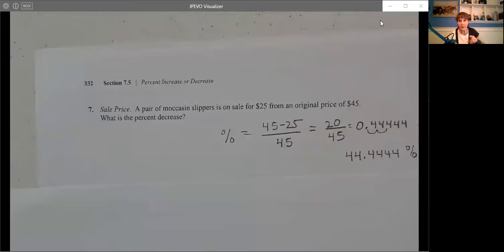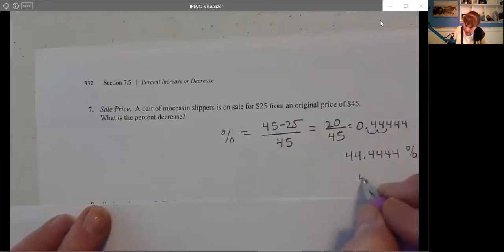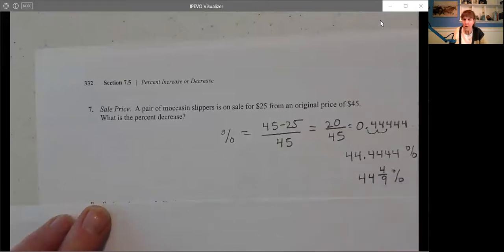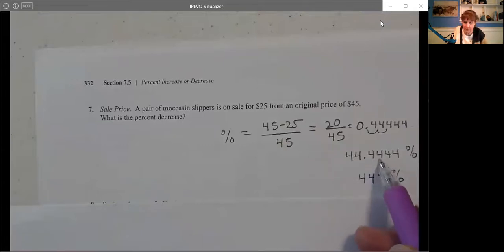If they don't tell you to round it, remember the 0.444444 is 4/9. So this is 44 4/9%. That's if they want you to write it with a fraction or as a mixed number. If they wanted you to round it to the nearest 1/10 of a percent, we'd go to the 1/10, look to the right.